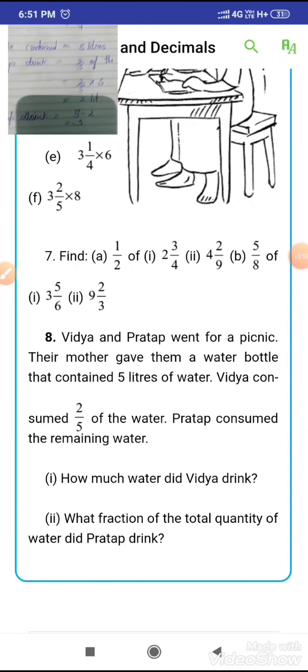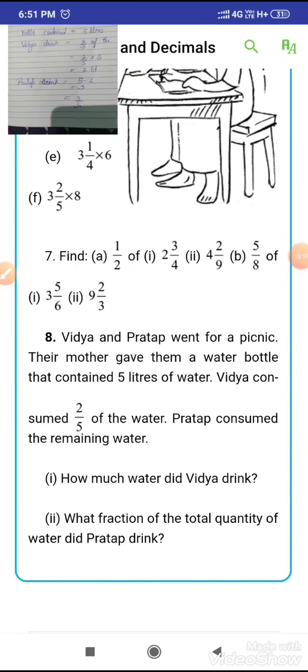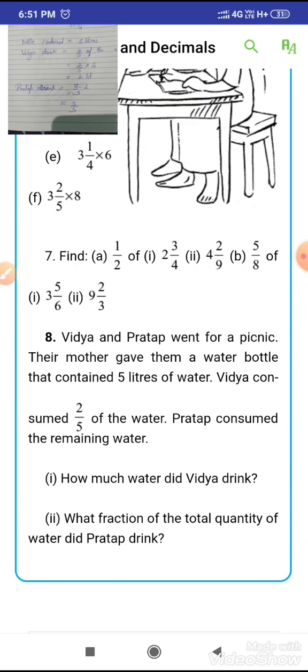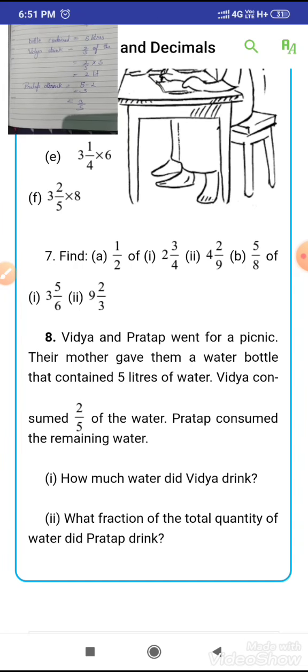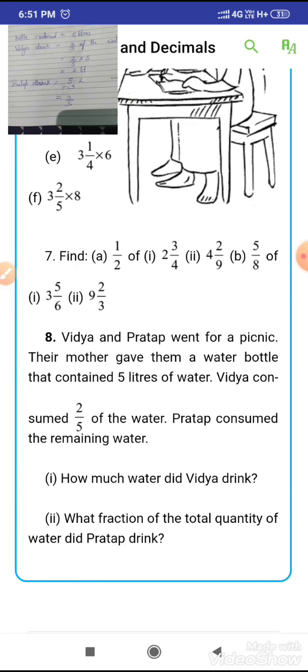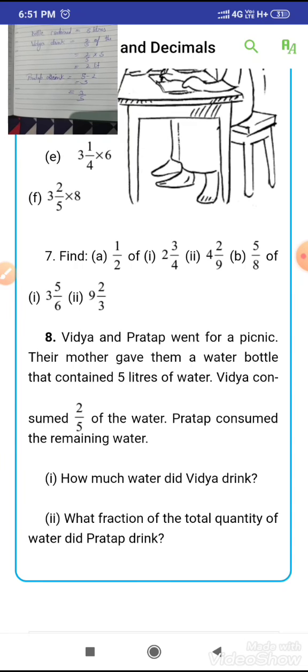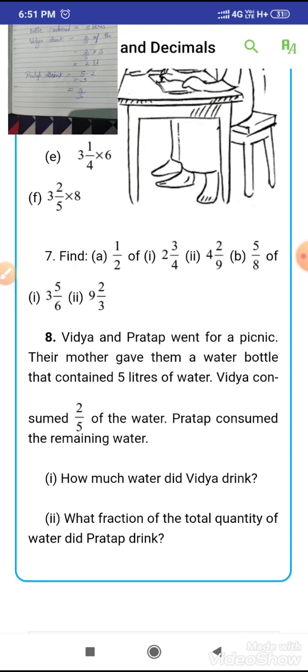In part A, we have to find how much water Vidya drank. So first we write bottle contained is equal to 5 liters of water. Vidya drank 2 upon 5 of the water, and the bottle contained 5 liters. So 2 upon 5 multiplied by 5, and it is 2 liters. In the next part, we have to find what fraction of the total quantity of water did Pratap drink.